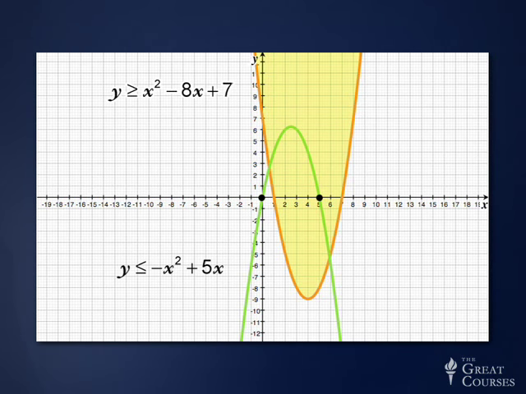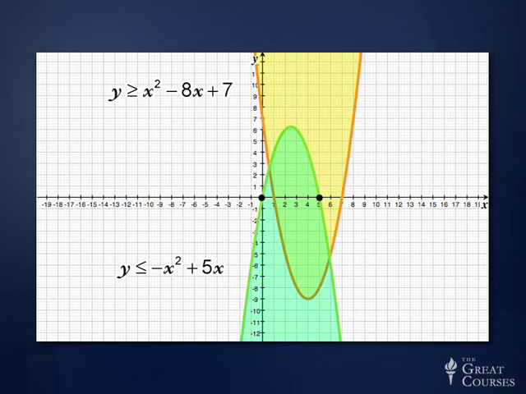Well, since I want y to be less than or equal to this quadratic, it turns out that the solution set is the part of the xy plane which is sort of inside or below this parabola. So you can see that here. And if you don't believe it, try a point in the plane and check to make sure that that really is the solution set.